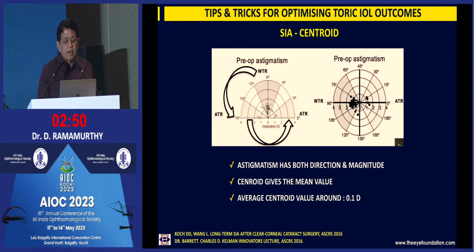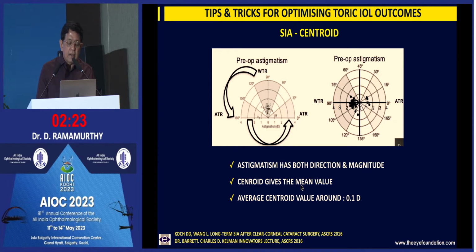But today we understand, with the seminal work done by Graham Barrett, Doc Cock, etc., that astigmatism just doesn't have a magnitude, but it also has a direction. And in the various points on the corneal surface, I'm not going to go into the details, they tend to neutralize each other, because of which what we are concerned about is the centroid value of the total astigmatism that the temporal clear corneal is creating.